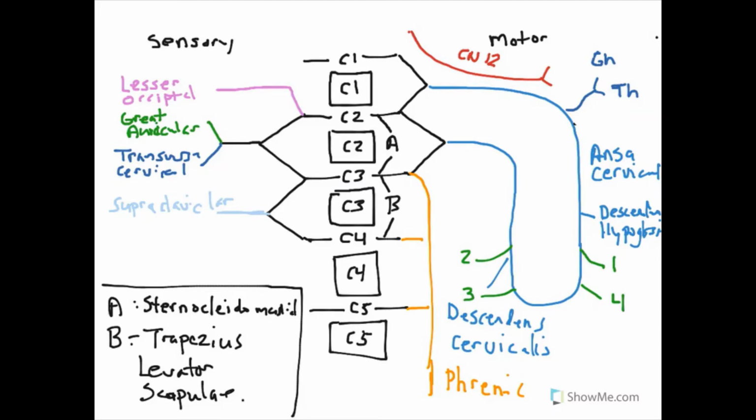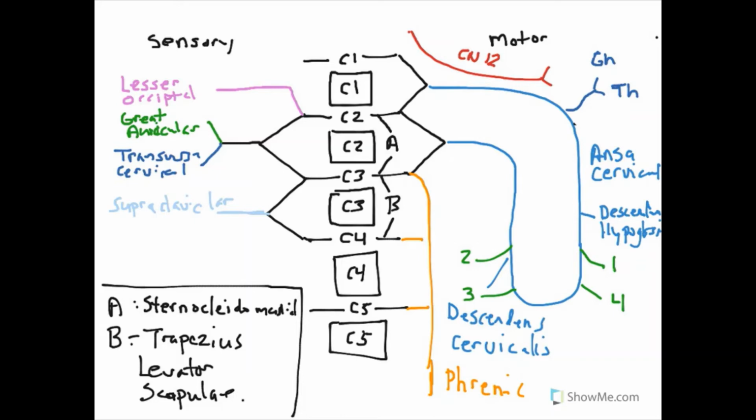Now, as we make note about the motor nerves, we started with cranial nerve number 12, the hypoglossal. This innervates all the extrinsic tongue muscles except really the palatoglossus. And remember, it's one of those purely motor nerves. I did a video where I looked at the nerves here.